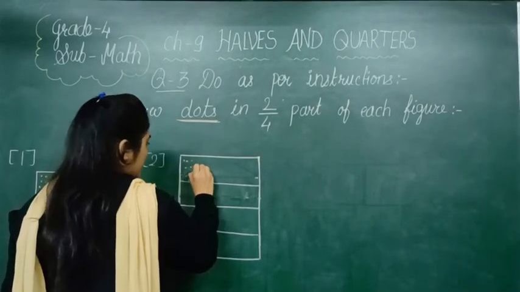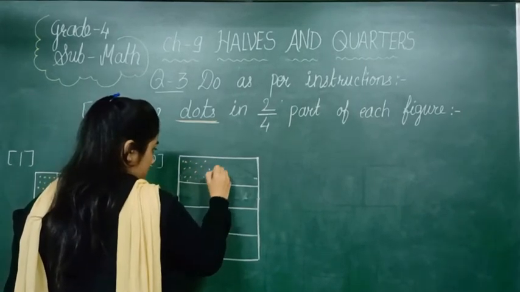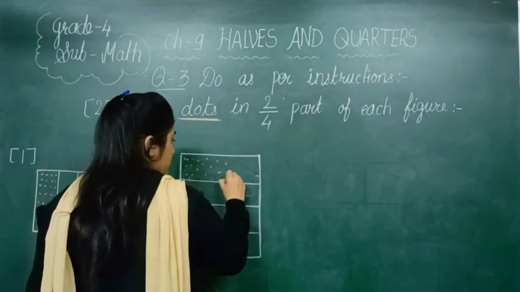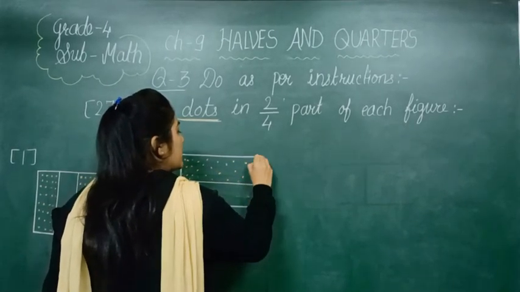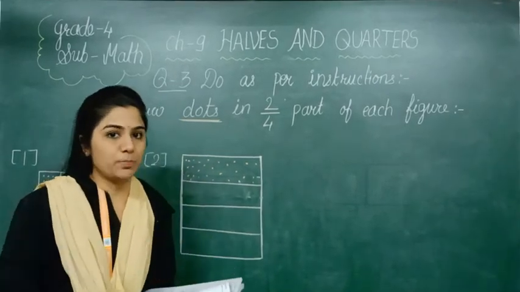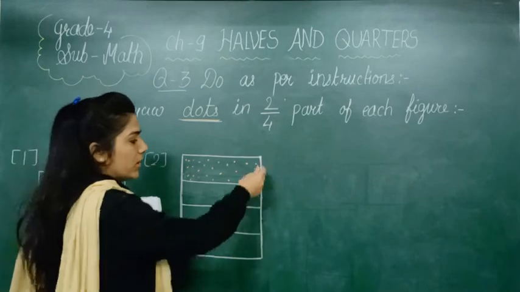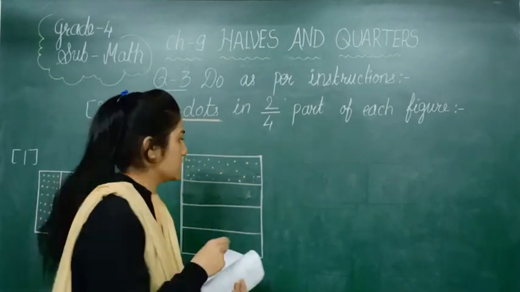See, this concept is very easy. You can do it by yourself with a different figure and with a different fraction. Suppose I tell you that you have to make the dots in 3/6 part. So you have to make 6 parts, and out of 6 you can make the dots in 3 parts.